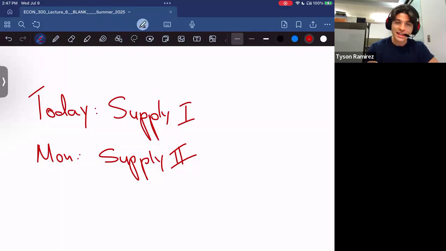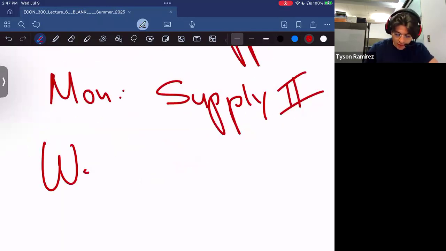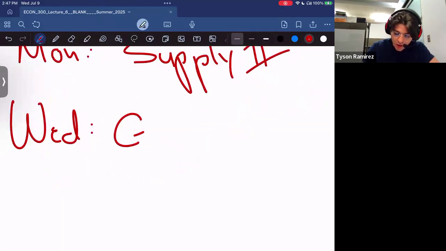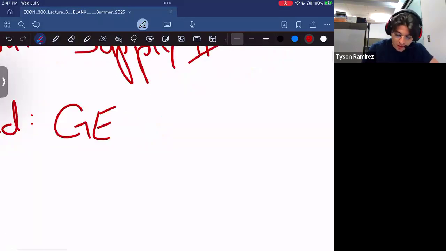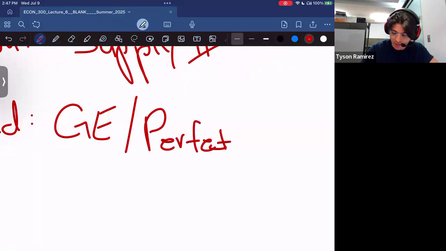So today's lecture 6, lectures 6 and 7 will cover all of supply, and then Wednesday will be, properly, what is referred to as general equilibrium. This is where we'll see the supply and demand graphs together. We will bring supply and demand together, and specifically, we will be focusing on perfect competition.